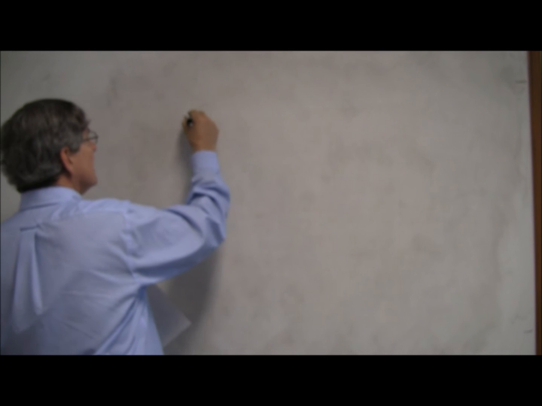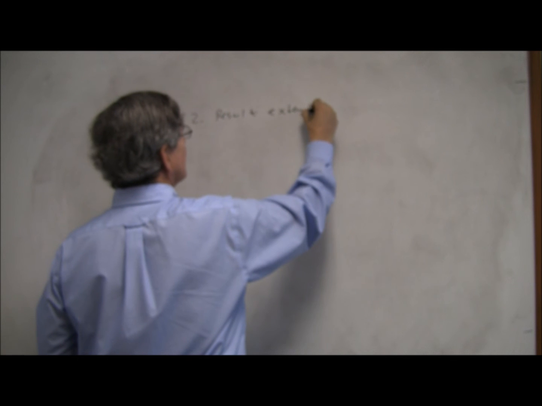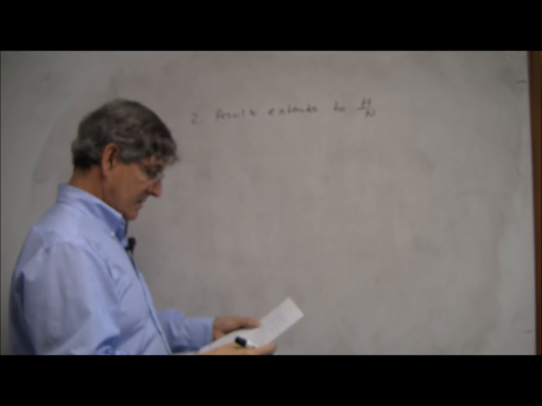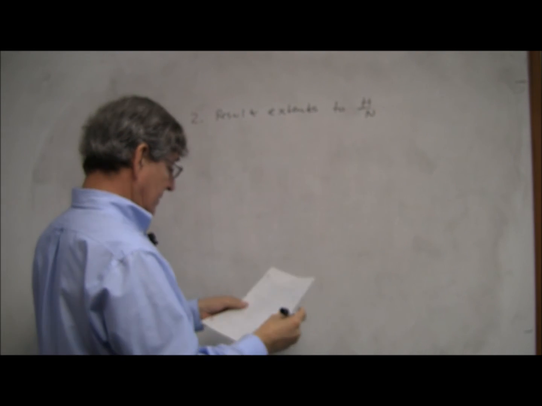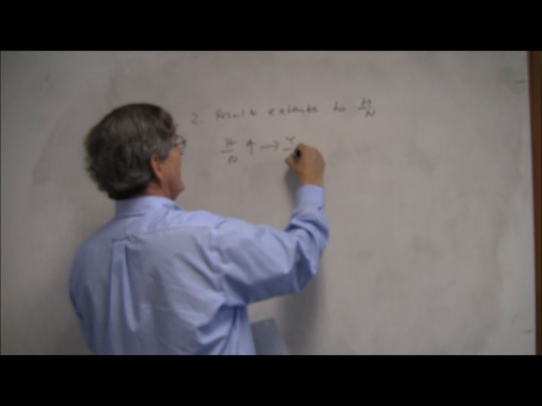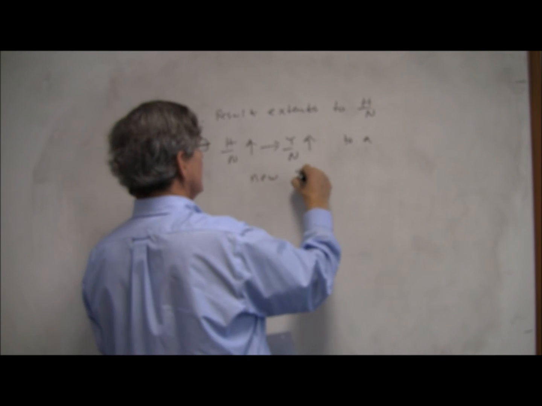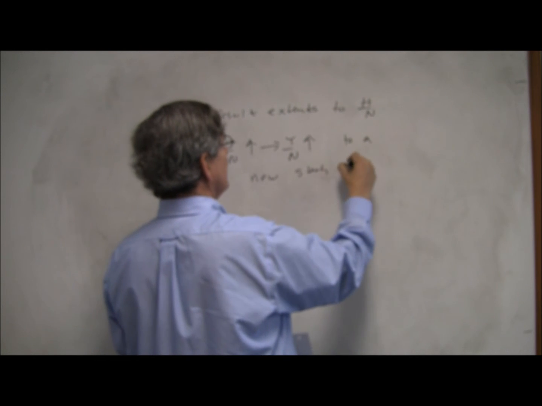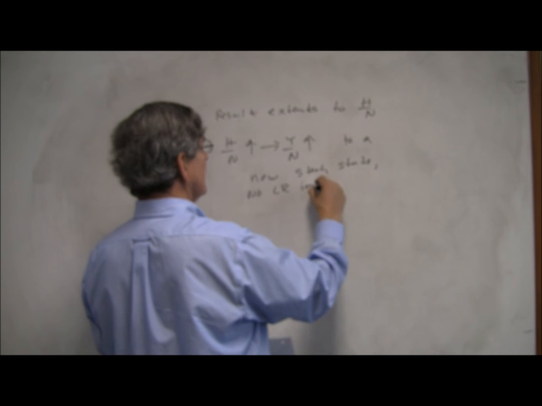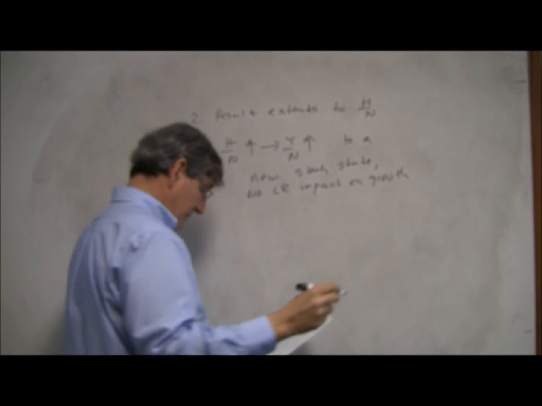That result extends to H over N. When H over N goes up, Y over N will go up to a new steady state, new equilibrium, and there's no long-run impact on growth. Okay.